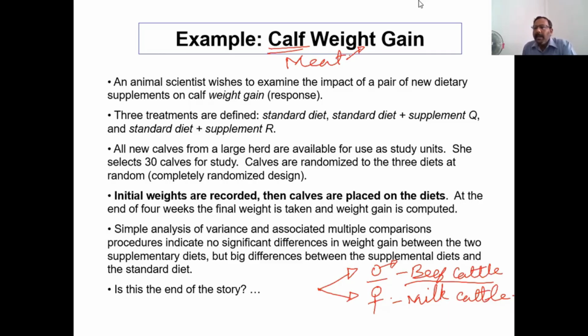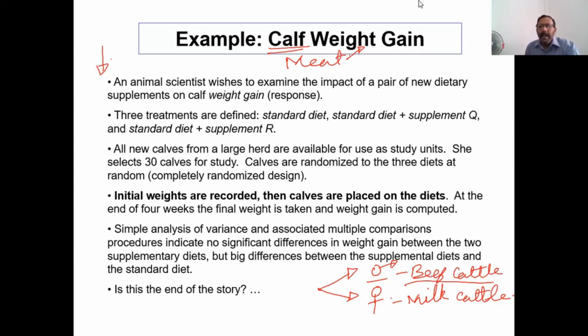We want to increase the milk production, not the weight. But to increase the weight, the management is coupled with the production of beef or meat. So here the story is about meat production, not milk production.